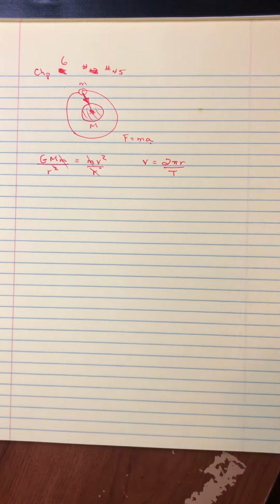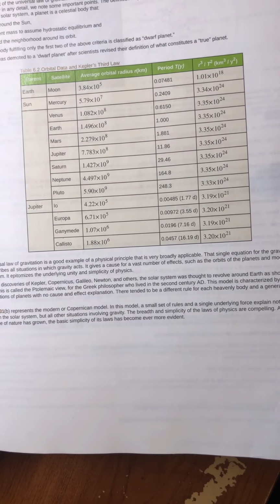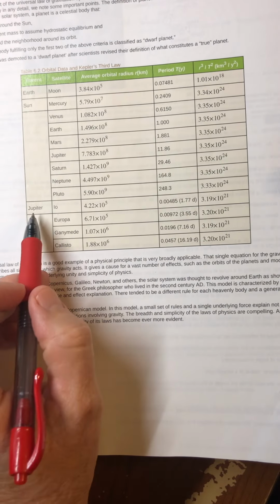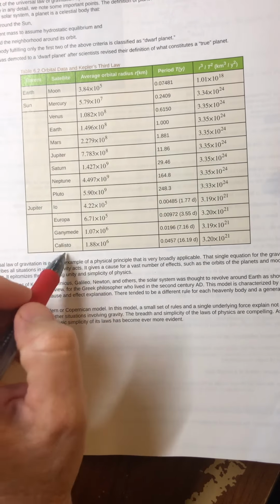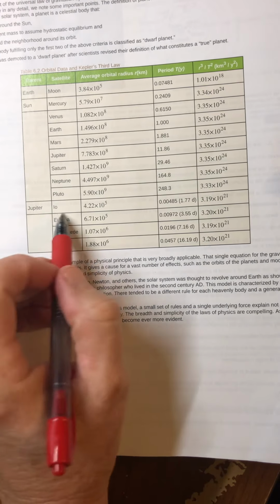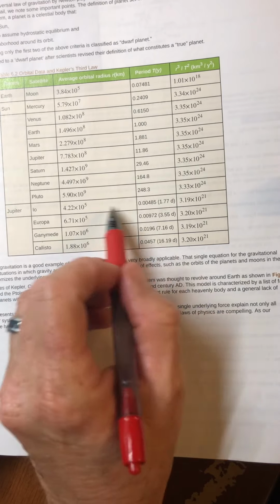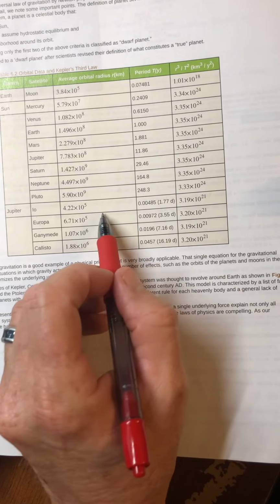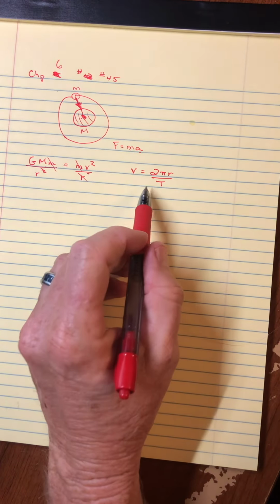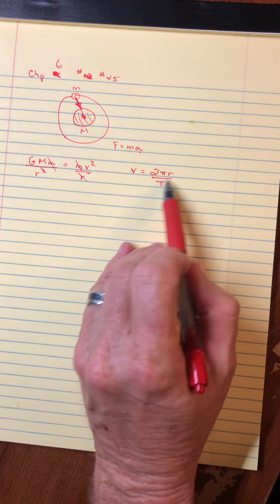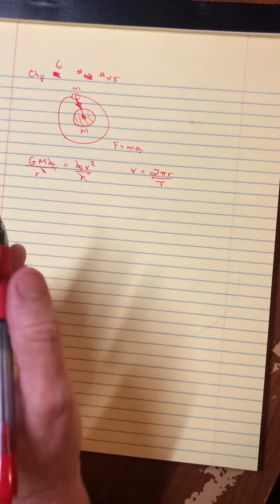I say that because if I grab your book here and look on the chart, at Jupiter, you'll see they list the parent as Jupiter and the satellite, and here are the 4 main satellites, and we'll just take Io as the first one here. They give its radial distance and its period, but they don't give velocity. So that's why I need to take a step here and get rid of velocity and change it into radius and period. This is the circumference, 2 pi r, and T being the time to go around.